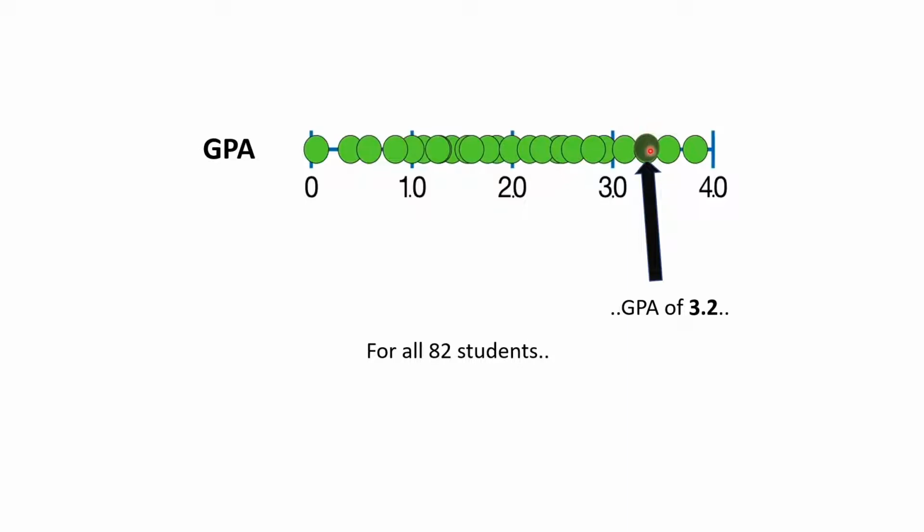And this one represents a student who had a GPA of 3.2. So we did this same thing for all 82 students, right? That's why we have 82 different dots, but you can't see each one of them because some of them are on top of the other ones, right? So you should imagine that.